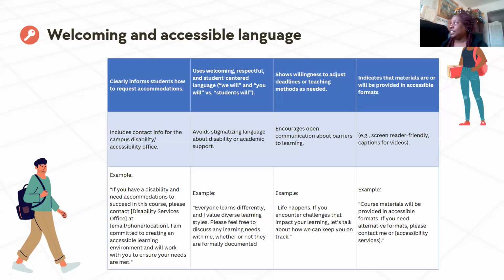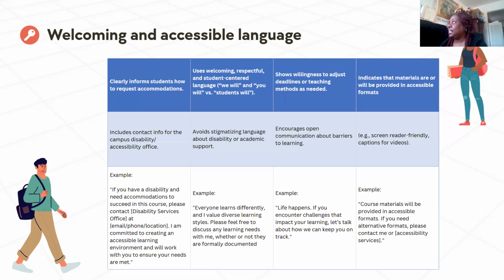And we all have this in our syllabus because we have it written in for you. It says, I am committed to creating an accessible learning environment and will work with you to ensure all your needs are met. And number two, you're using welcoming, respectful, and student-centered language. We will and you will versus students will.